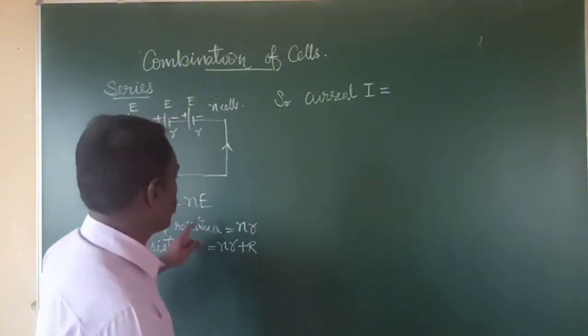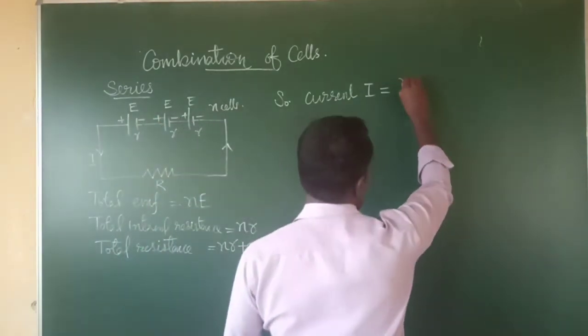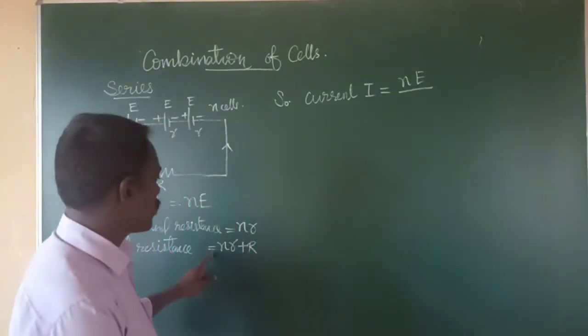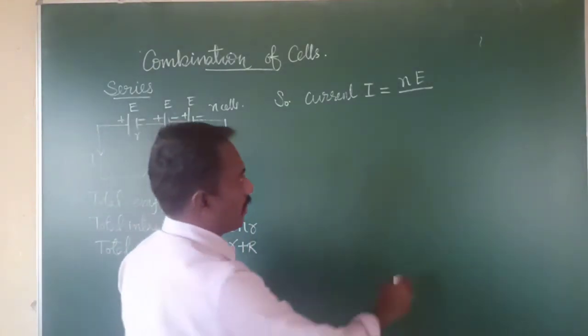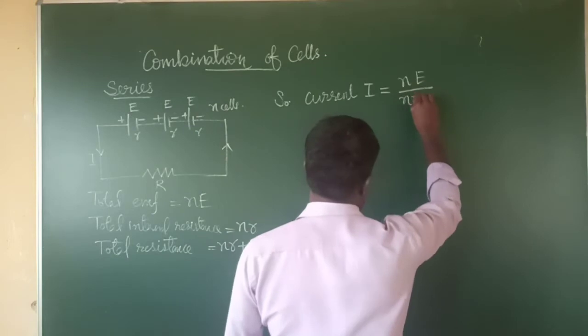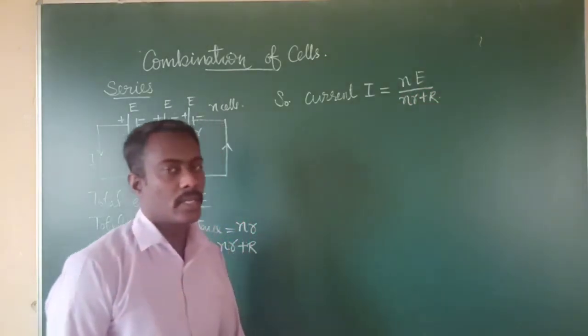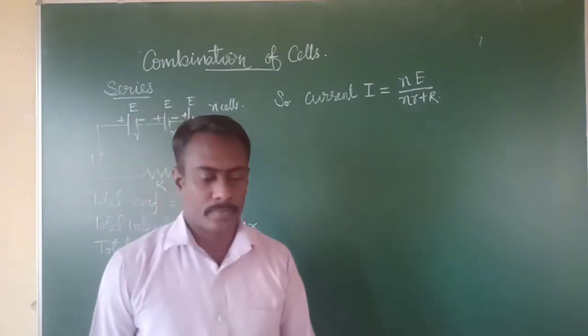What is the total EMF? N into E is the total EMF of the cells, and the total resistance of the circuit is N into r plus capital R.